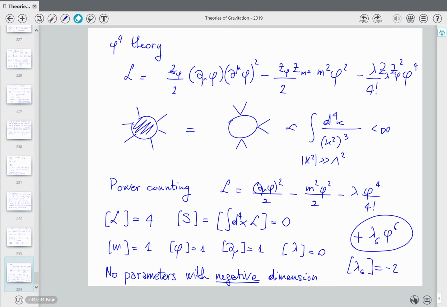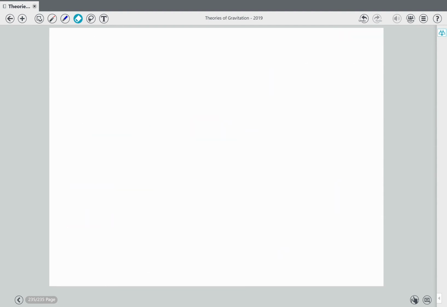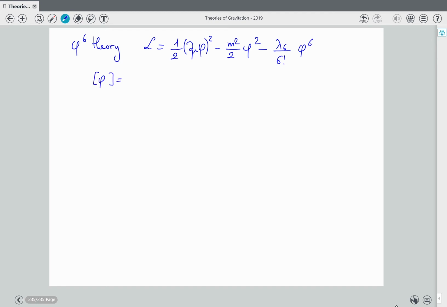On the other hand, if you start from a phi to the 6th theory, so again, phi has dimension 1, but this implies that lambda 6 has dimension -2.